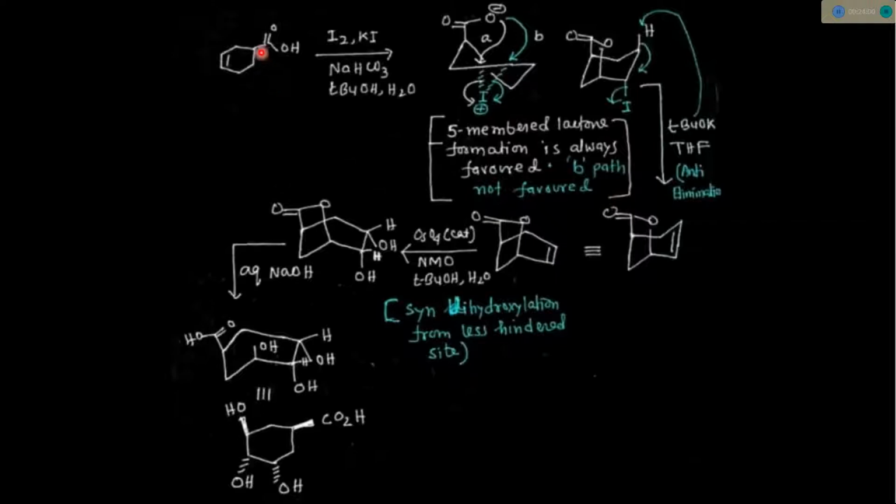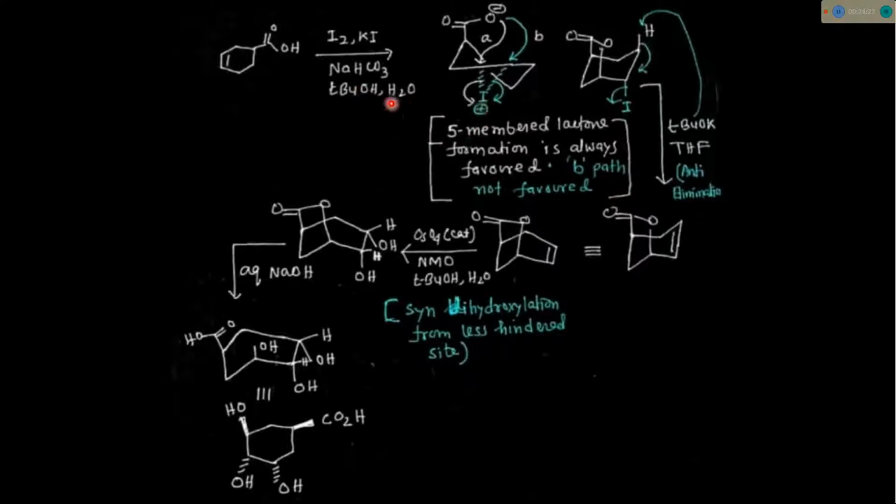So this is given as a starting material. So I2, KI, sodium bicarbonate. You all know that I2 is given, means there is an alkene part, a double bond. So a halonium ion forms. If we use bromine, then a bromonium ion is formed, cyclobromonium. So in this case with I2, a cycloiodonium ion is formed.